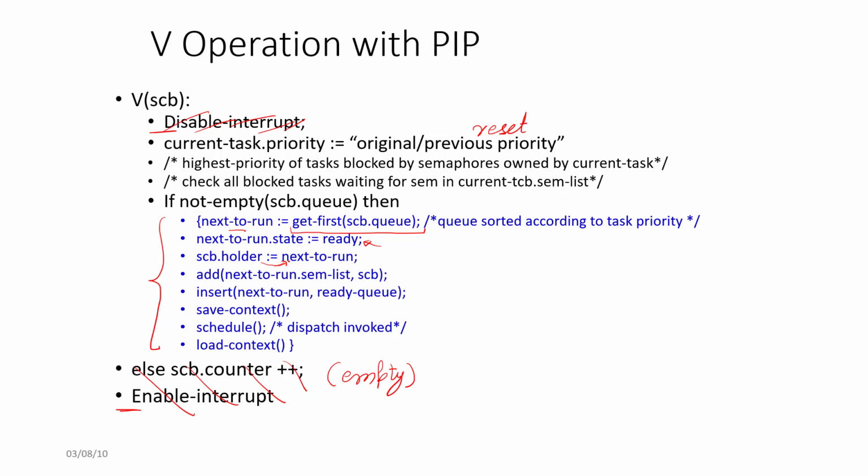All right. And furthermore, what we do is that we add SCB into the semaphore list of next to run. We insert next to run in the ready queue and then we execute it.